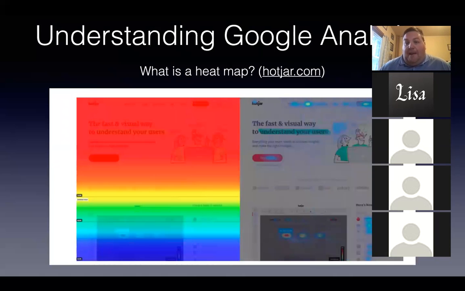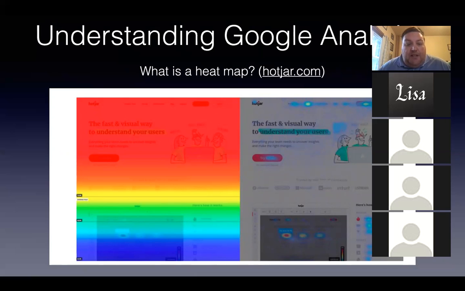So what is a heat map? This is from hotjar.com, and Hotjar is actually really neat, and I can talk more about them. As you see with the image on the left, where it's in red, that's where most of the users are visiting on a website. That's everybody that comes to your website. That's obviously the top of the page, so everybody's going to see that first.